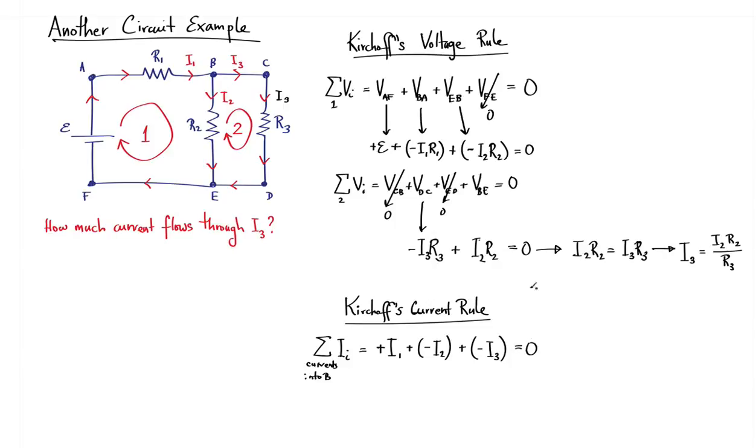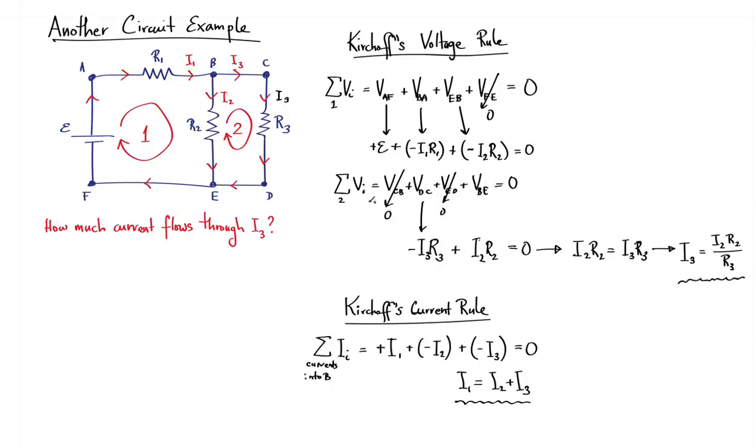All right, so we have I1 minus I2 minus I3 is equal to 0. In other words, what this means is that I1 is equal to I2 plus I3. Okay? So now we have some relationship for these currents. We had this relationship we got before.